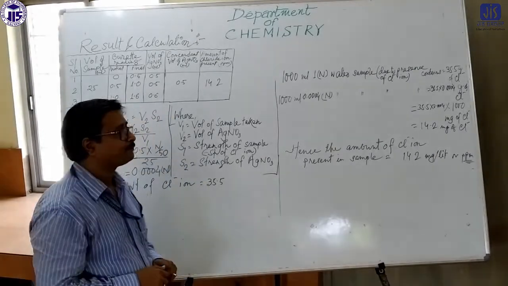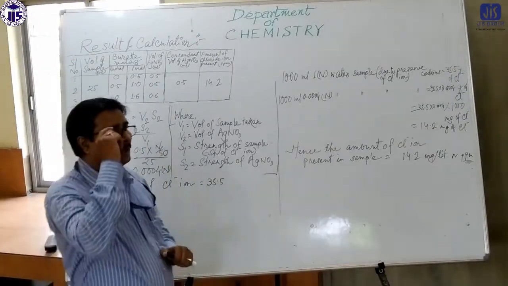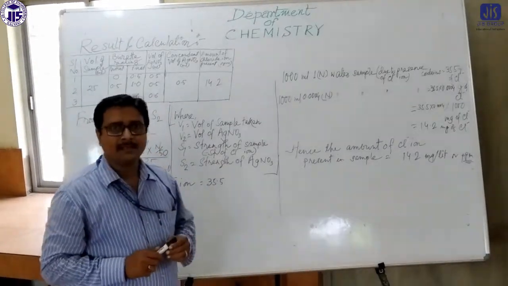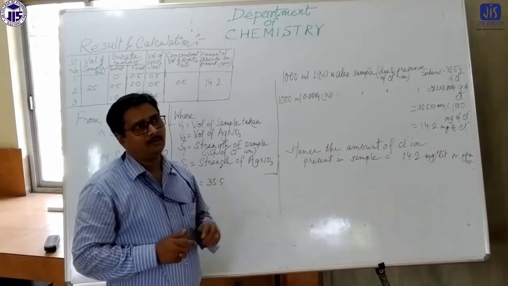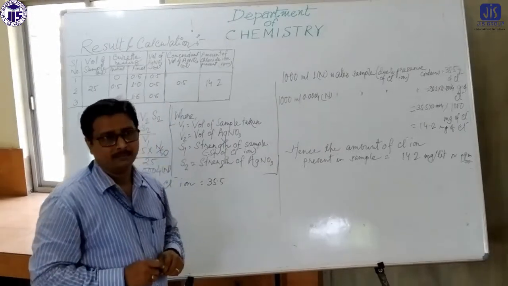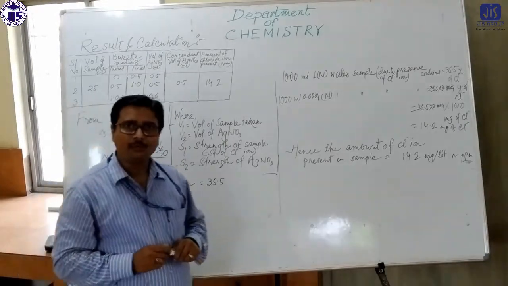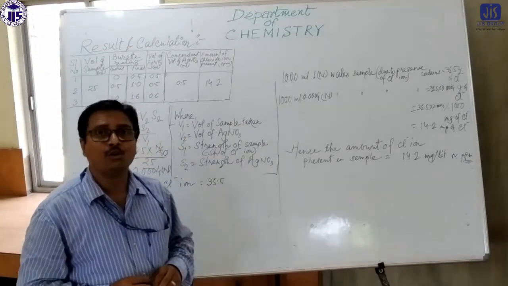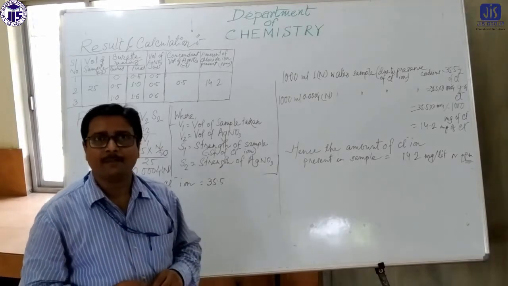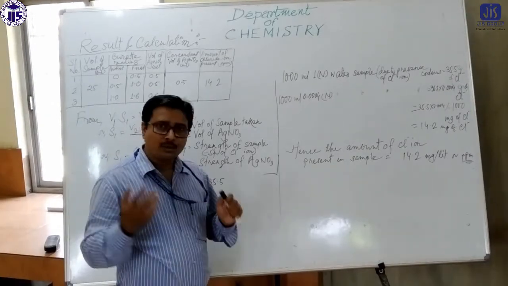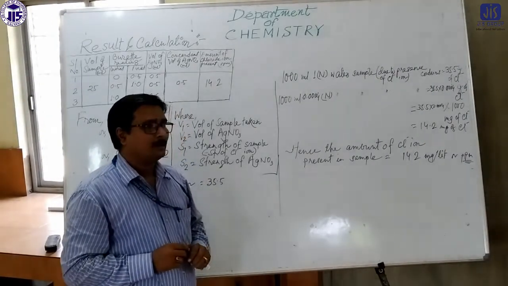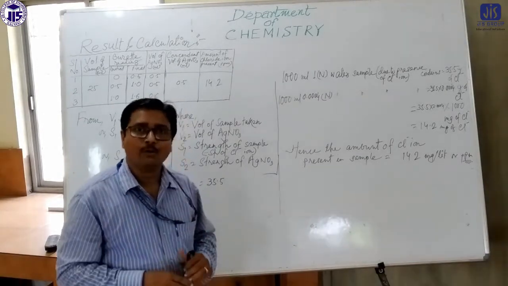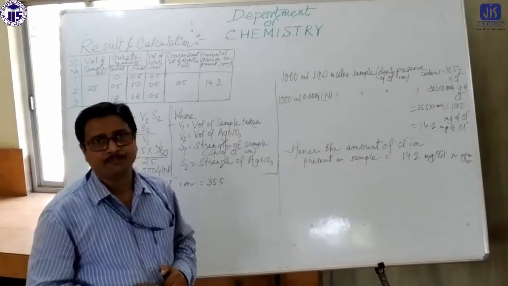Okay, very simple. Now the next one. In the theory part, we already discussed that two precipitates are there. Number 1 is silver chloride, a white precipitate, and number 2 is silver chromate, a brick red precipitate. Now the question is why silver chloride is precipitated out first, before silver chromate.